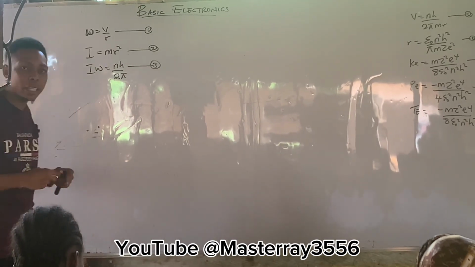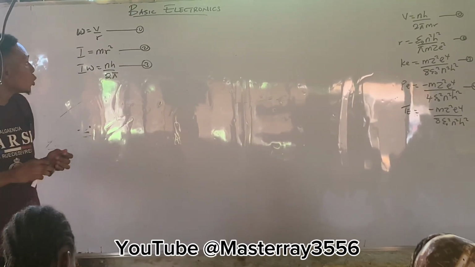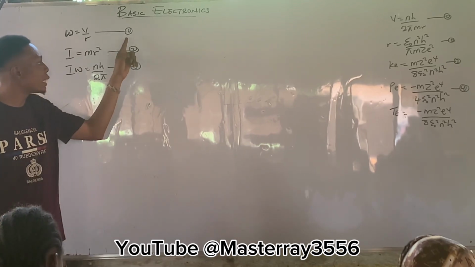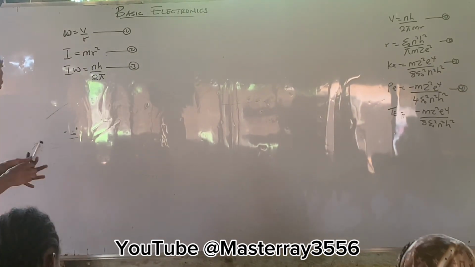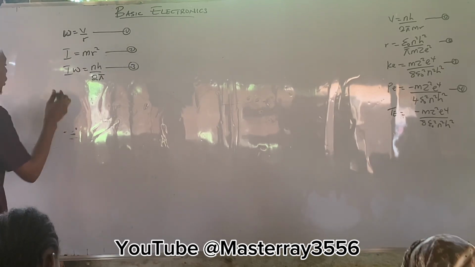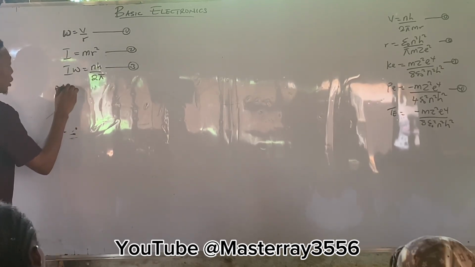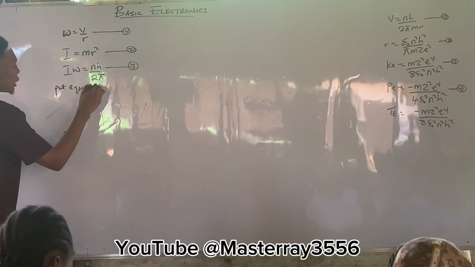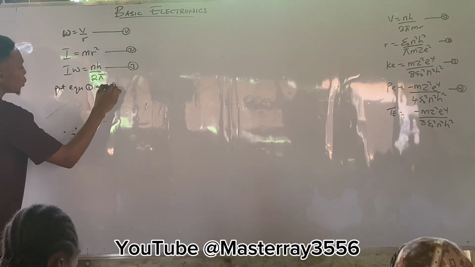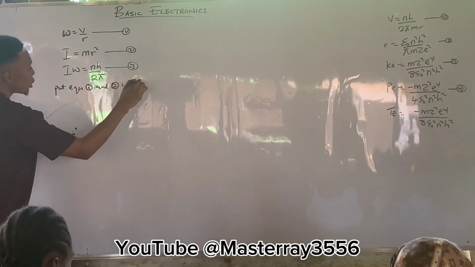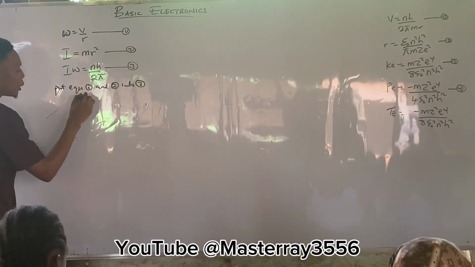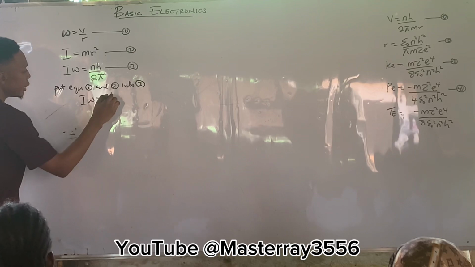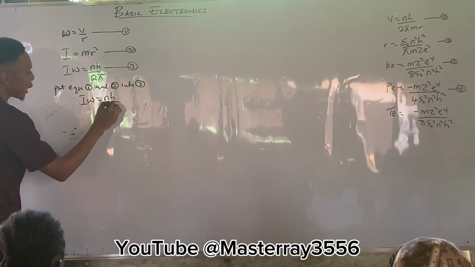Now this time around, what you will do, you substitute equation 1 and equation 2 into equation 3. Our equation 3 is IW equal to nh over 2pi.